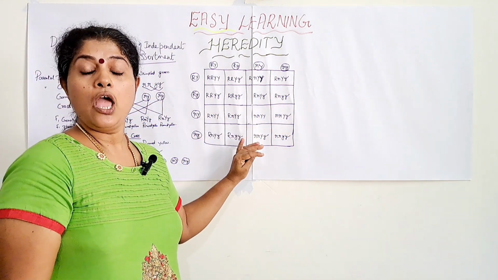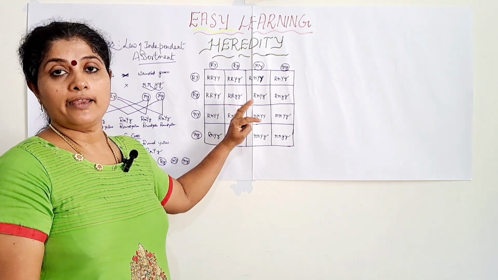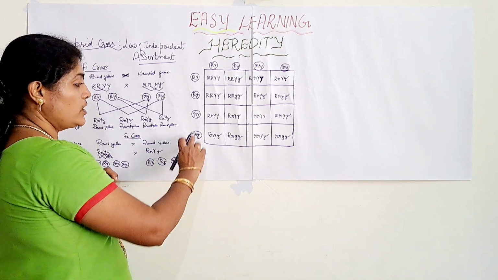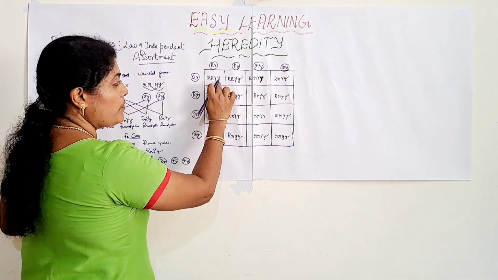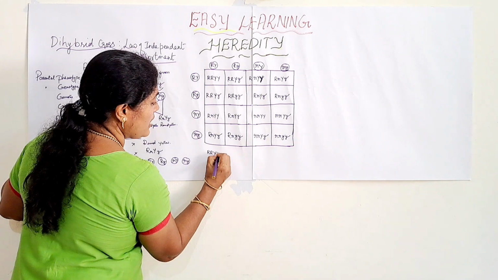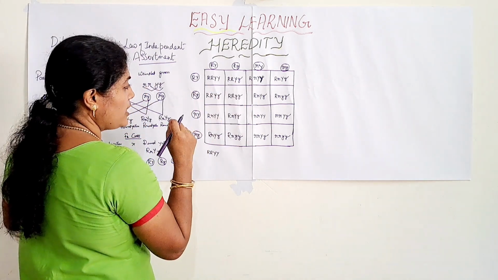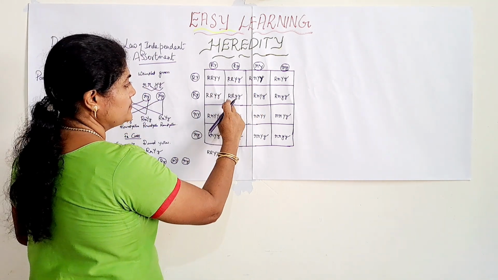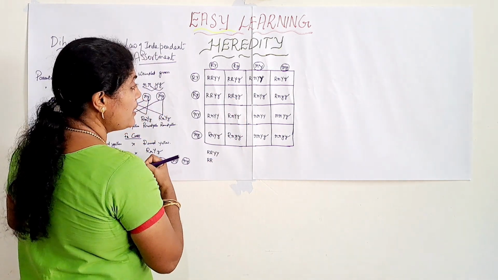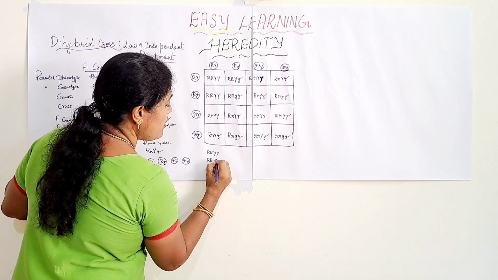So, now we will see what are the different varieties of seeds he has obtained in the F2 generation. Here, the first option is capital R, capital Y, capital Y. Second, he has got another one, that is capital R, small y, small y.